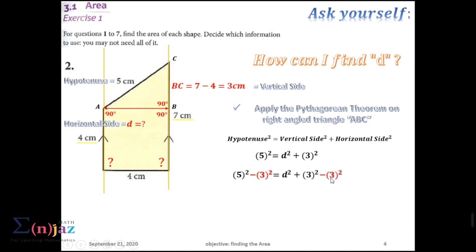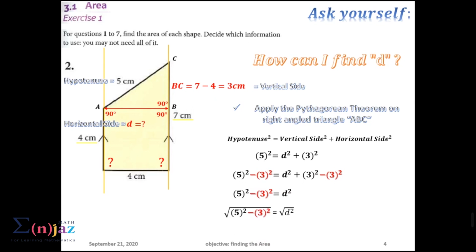Whatever I apply on the right side, I must apply on the left side. So D squared is equal to 5 squared minus 3 squared. But we are trying to find D, not D squared. So we must square root each side of the equation.